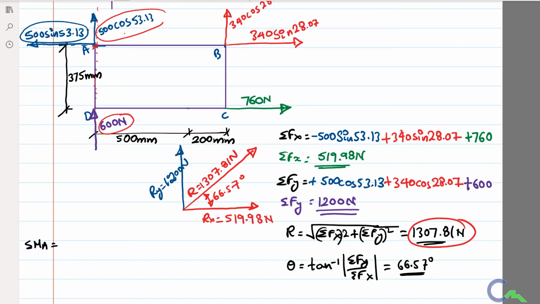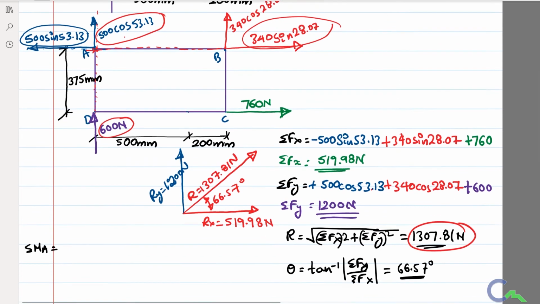Same way 500 cos 53.13, that is also passing through A, it is not rotating that point. Then if I see one more force, that is 340 sine 28.07, if I shift that force in the line of action of force, it is passing through A. That means it is not going to rotate that point.